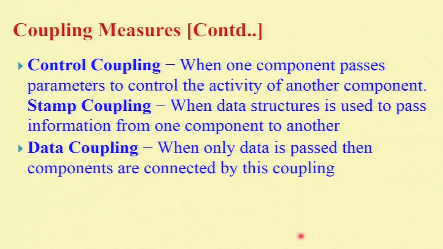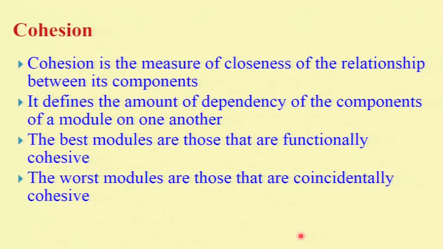Then about cohesion, cohesion is the measure of closeness of the relationship between the components. It defines the amount of dependency of the components of a module on one another. The best modules are those that are functionally cohesive. The worst modules are those that are coincidentally cohesive.